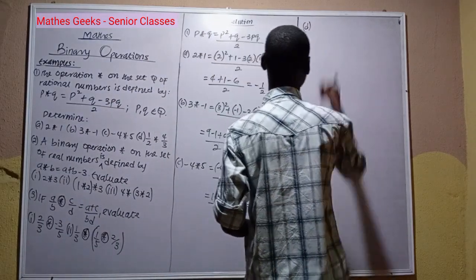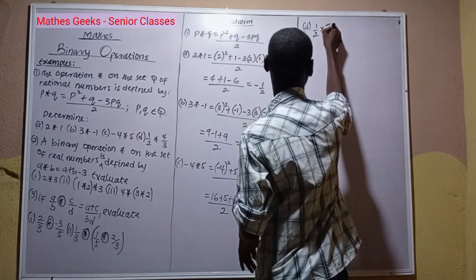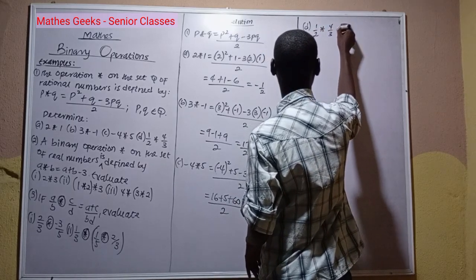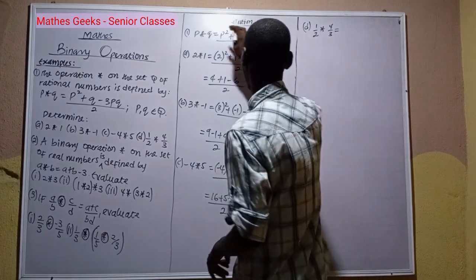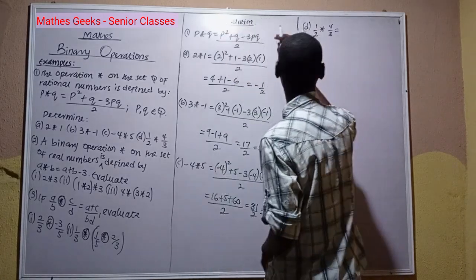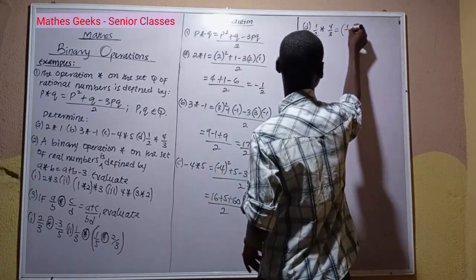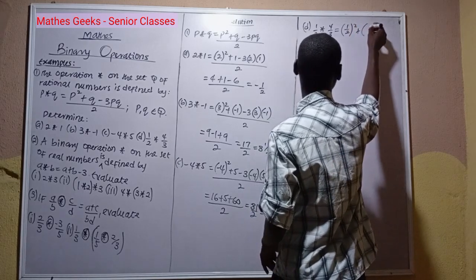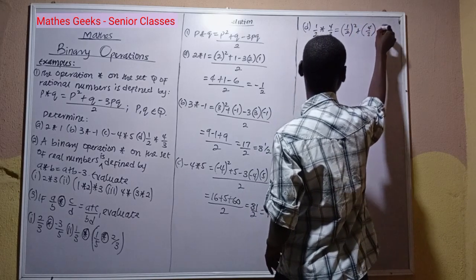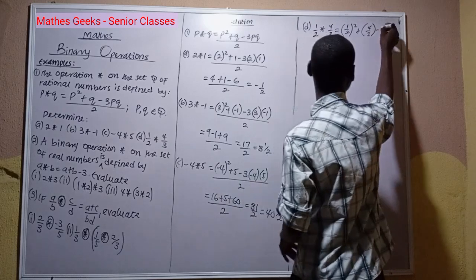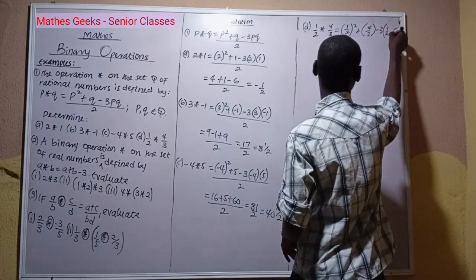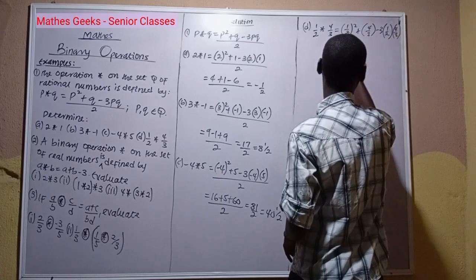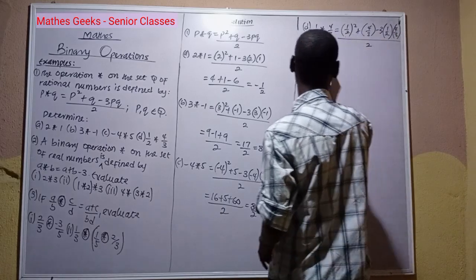D, 1 over 2 star 4 over 3. From our formula, P is 1 over 2, Q is 4 over 3: 1 over 2 squared plus 4 over 3 minus 3 times 1 over 2 times 4 over 3, over 2.